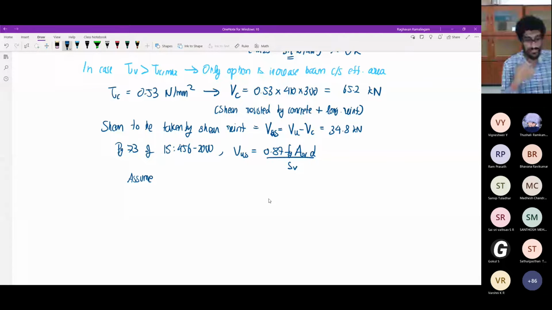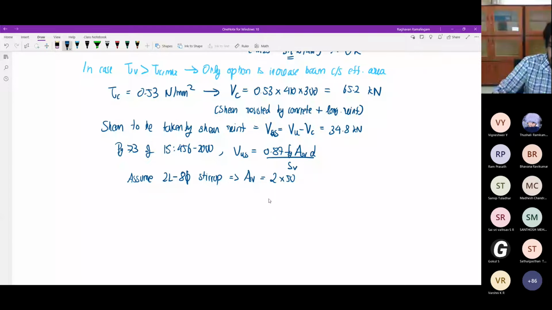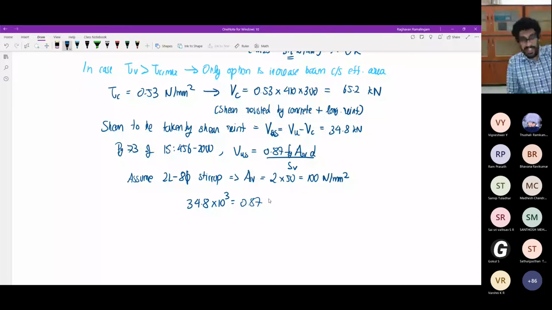So this is 2 legs, so 2 into 50. I already told you the meaning of leg. So Vus is 34.8 kilonewtons, equals 0.87, fy is 500, Asv is 100, d is 410. Let's find how much it should be spaced. How much is Sv?